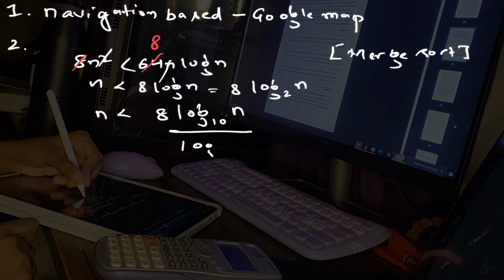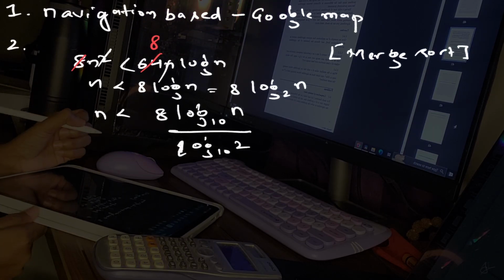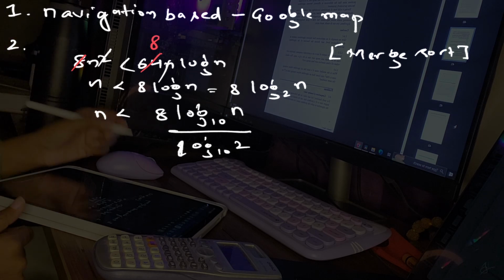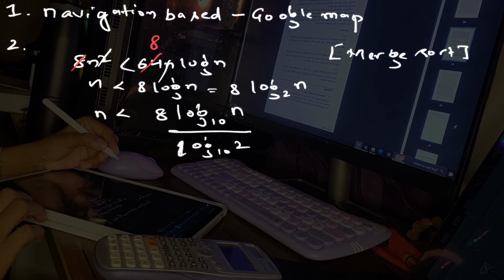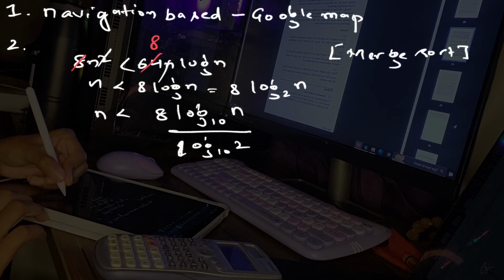So we could start putting the values of n for which it satisfies. We could start with 50.